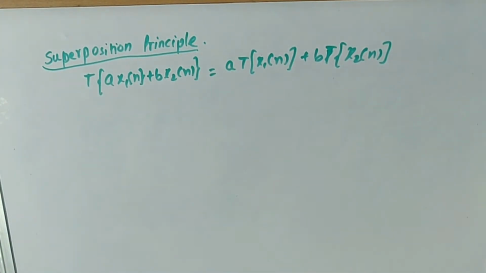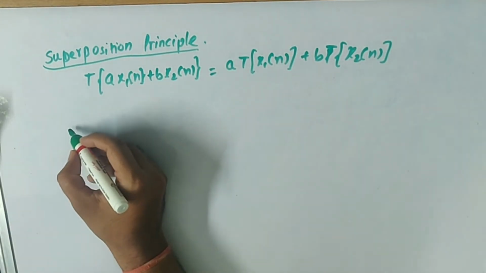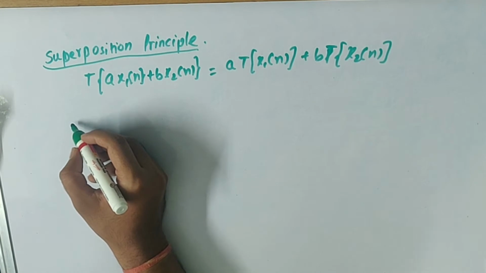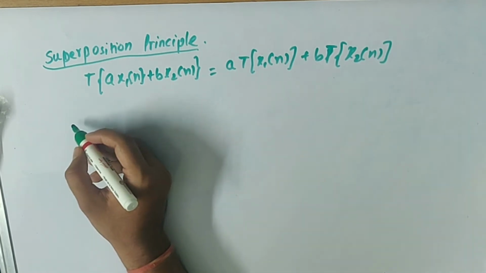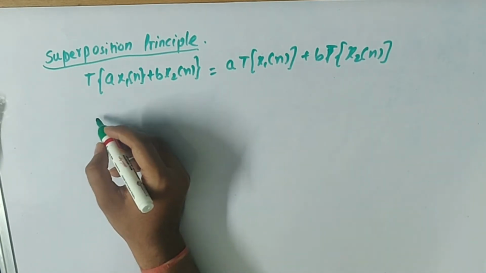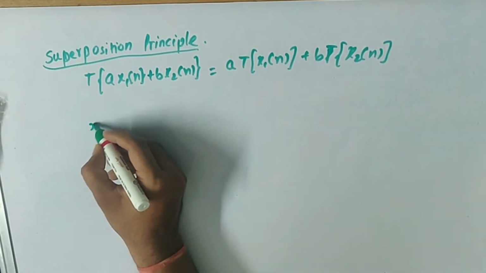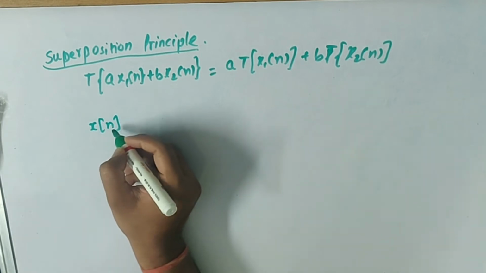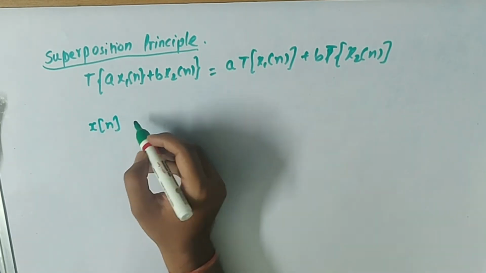As a linearity property, a system can in general be represented by a linear combination of delayed impulses.